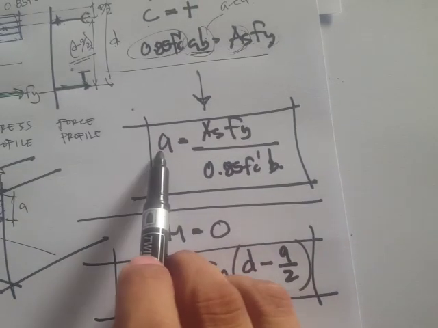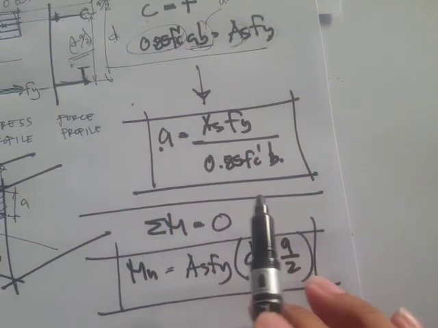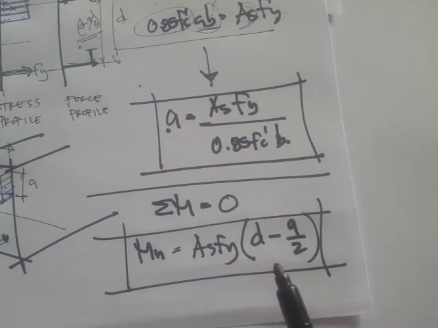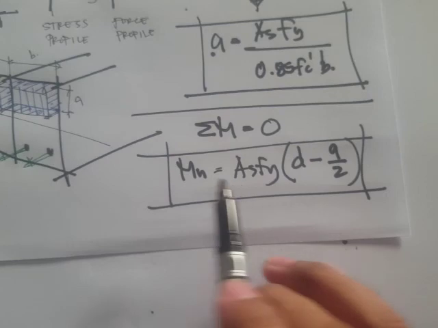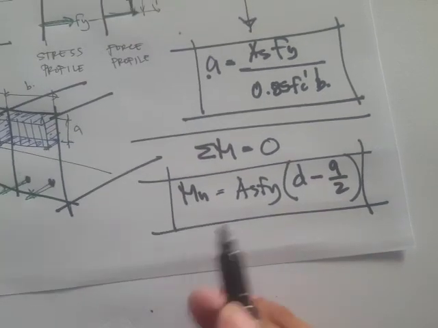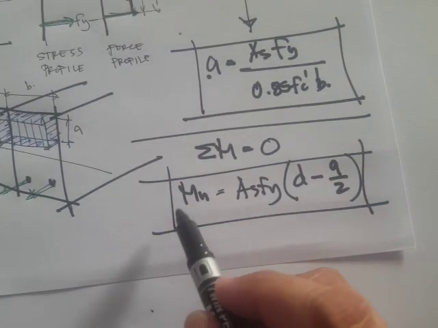So we have the depth of stress block, and then we have the nominal moment capacity of the beam. Okay, so let's move on to the strains.